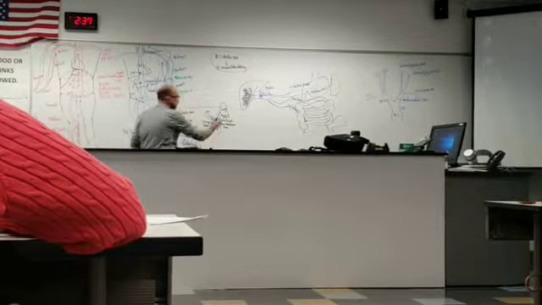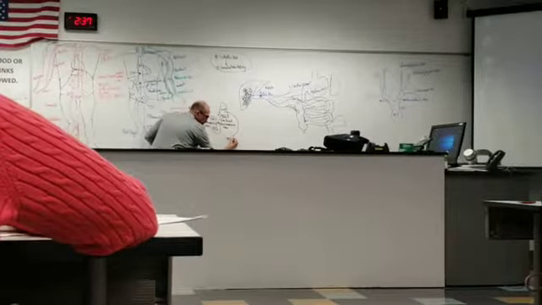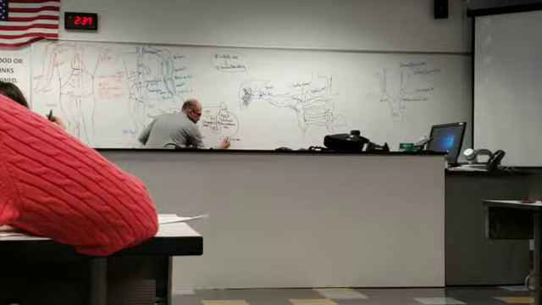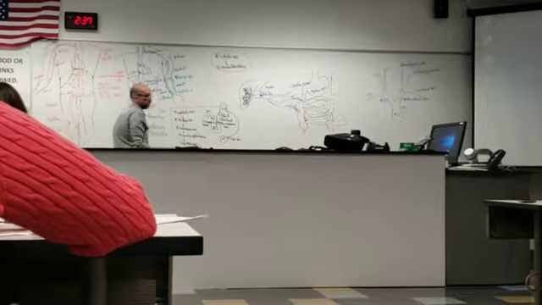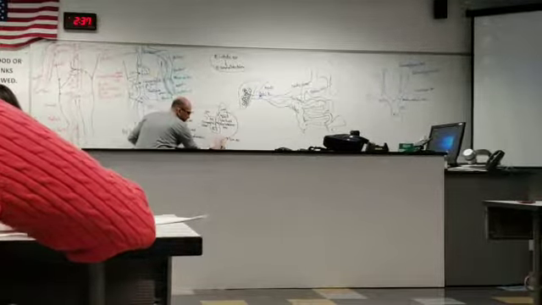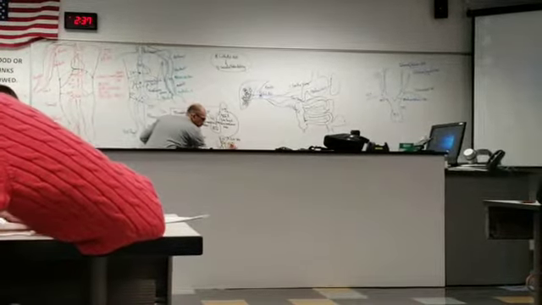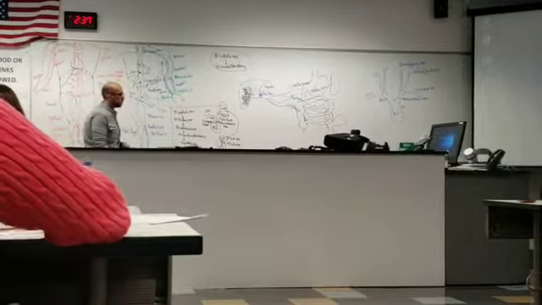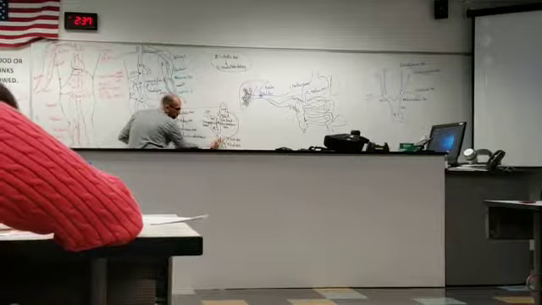Then you're going to drain the lung into your pulmonary veins, which drain the blood into my left atrium. That will allow the blood to travel down from the left atrium to the left ventricle, passing through my mitral valve. The blood will then be pumped out from the left ventricle through my aortic semilunar valve.